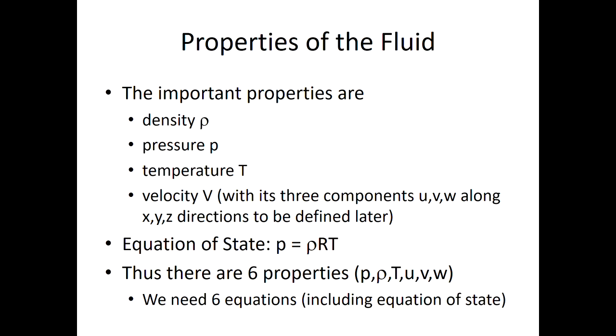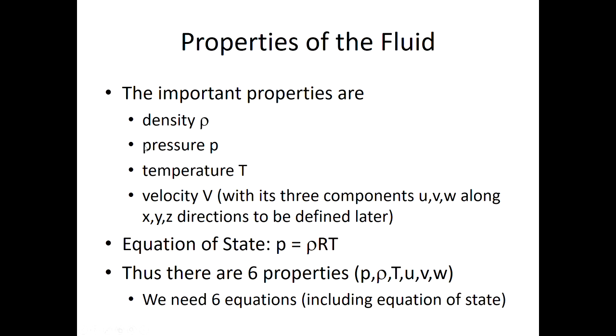This gas constant is the universal gas constant divided by the molecular weight. Since air is a mixture, the molecular weight will be the molecular weight of the mixture, based on what percentage is nitrogen, what percentage is oxygen, what percentage is other gases, and so forth. So you weight it based on the percentage of various gases by mass that is present.